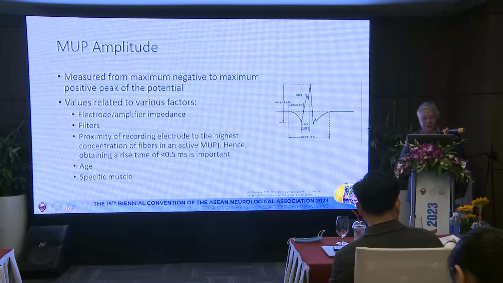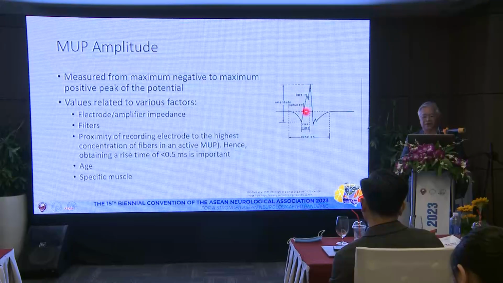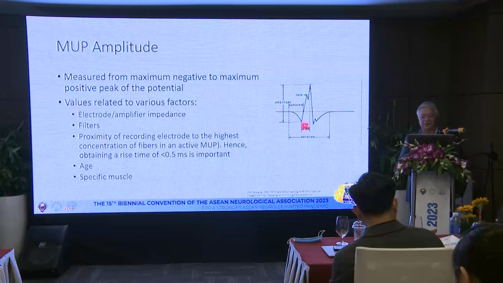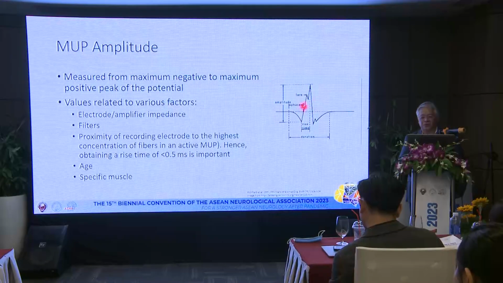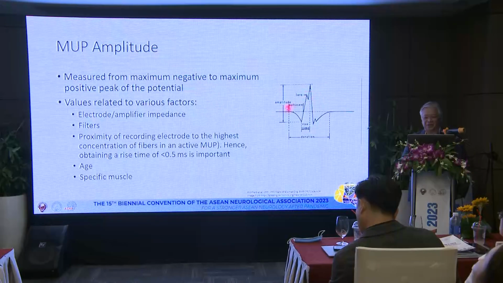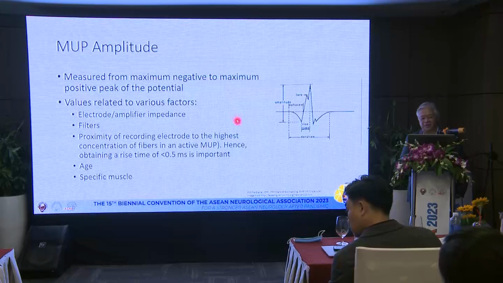The reason why we want the rise time to be 0.5 milliseconds or less is because the amplitude depends on how far you are away from the motor units. If your rise time is 0.5 millisecond or less, you're right on top of the motor units, and therefore it's an accurate amplitude measurement. Obviously, the farther you are away from the motor units, the lower the amplitude, and so that would not be an accurate assessment.